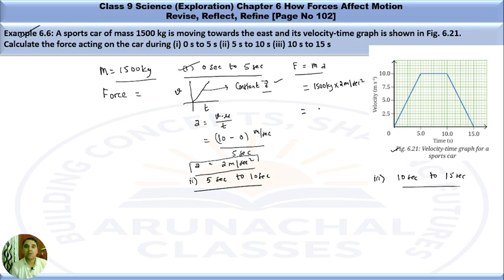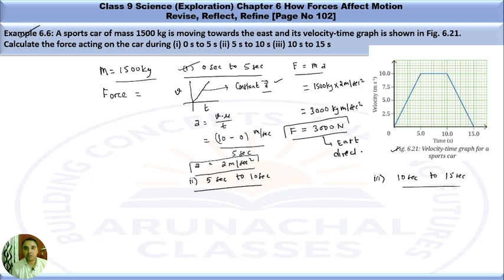So 1500 multiplied by 2, that is 3000 kg meter per second square. So it is 3000 Newton of force acting on the car when the car is moving towards east direction.